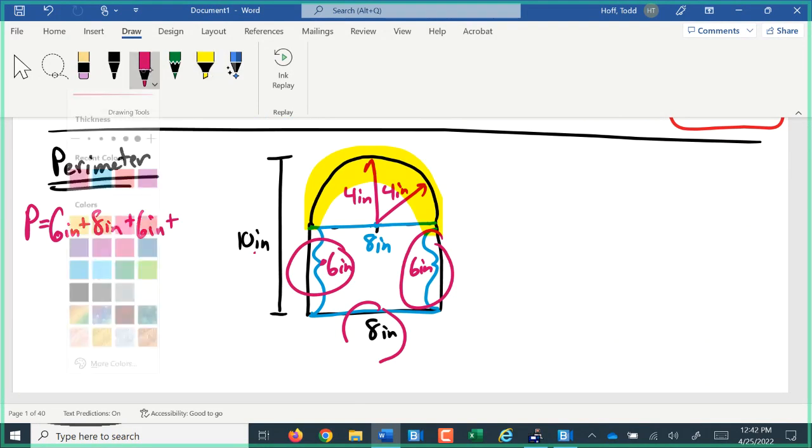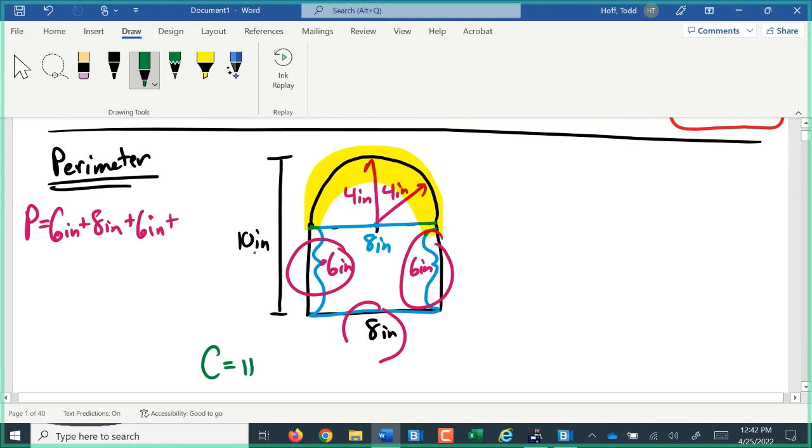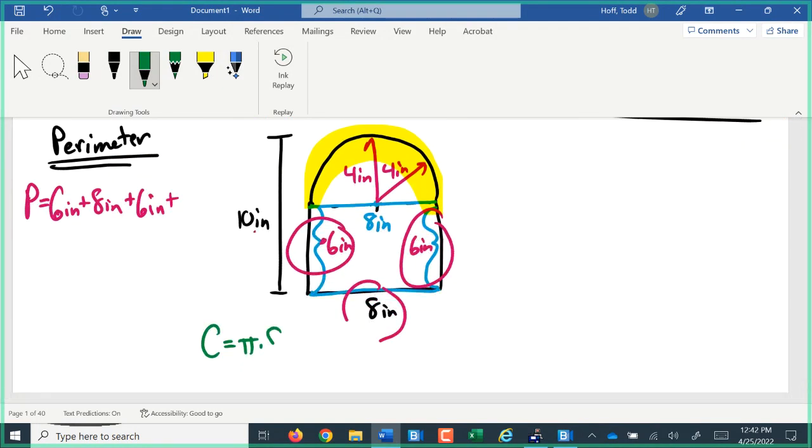To find that arc length, we find the circumference of the full circle, which is pi times what? 8. Pi times diameter for circumference. But it's half a circle, so we divide by 2. You probably could have done just pi times 4. We get 12.56 inches.